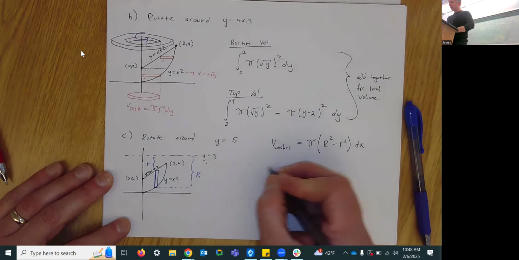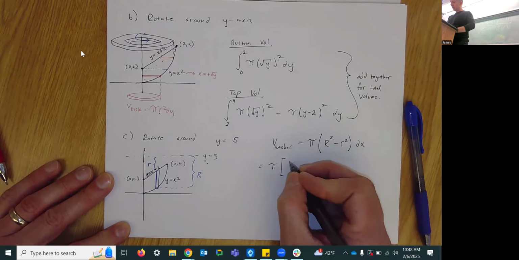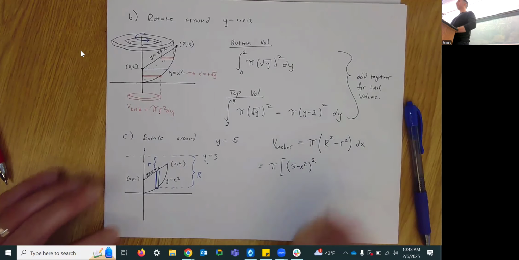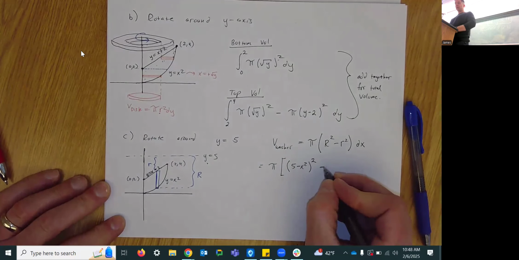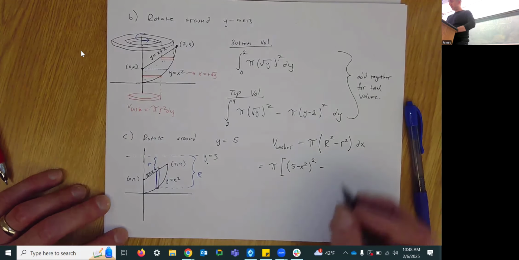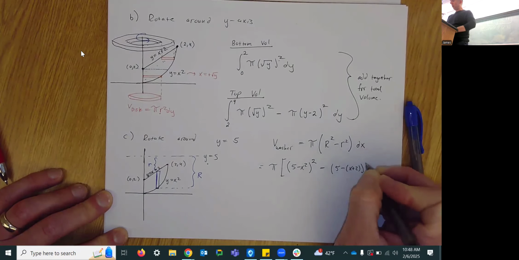So we're going to write this as pi times my large radius, which is 5 minus x squared, squared, minus my smaller radius, which is going to be 5 minus (x plus 2), squared.